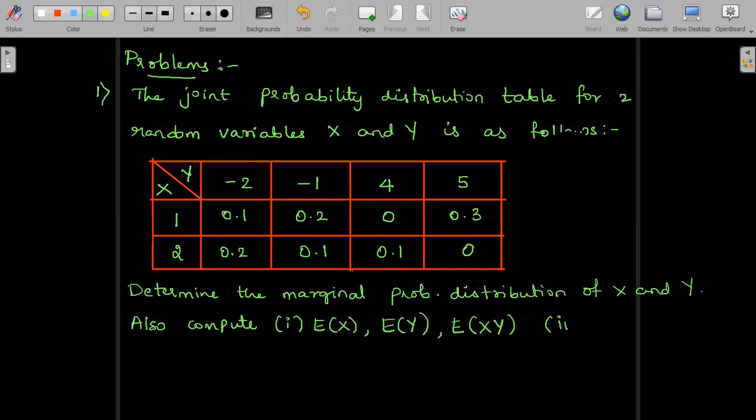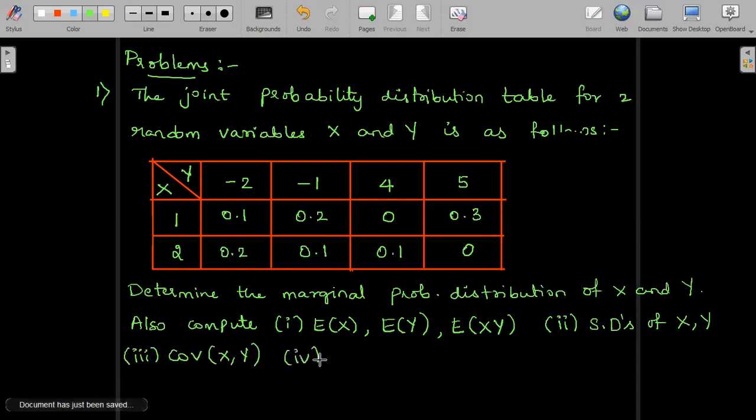And in the second case, we are asked to find out standard deviations of x comma y. So this is sigma x, sigma y. Then in the third case, we are told to find out covariance of x comma y. And fourthly, we have to find out correlation of x comma y denoted by rho of x comma y.